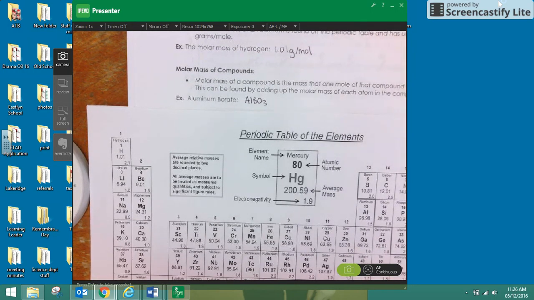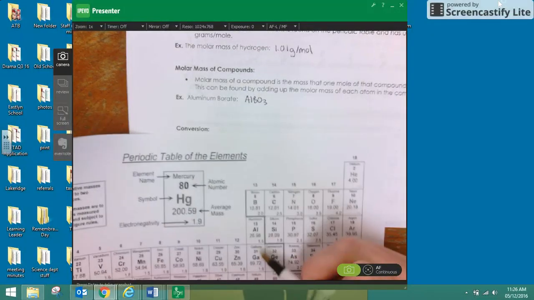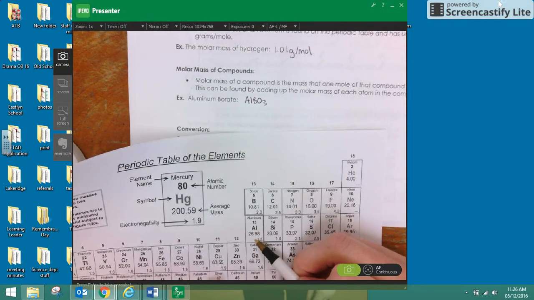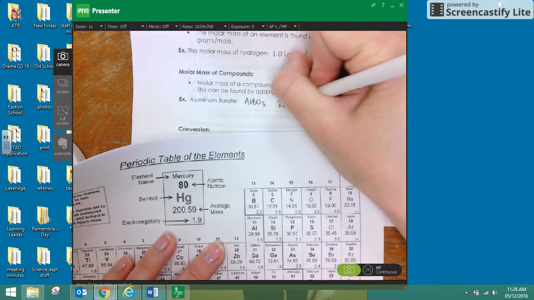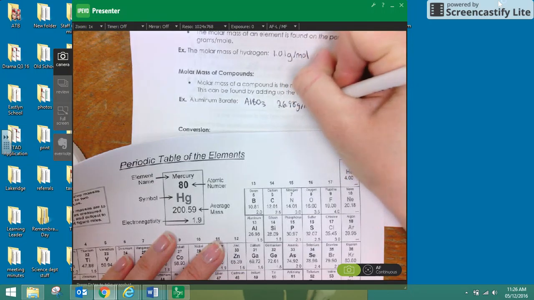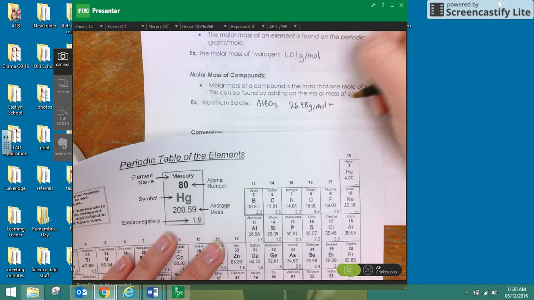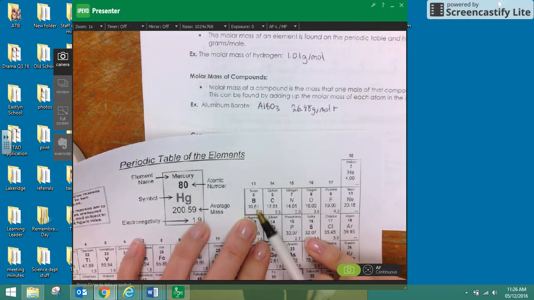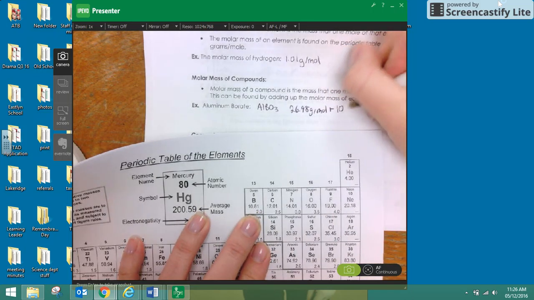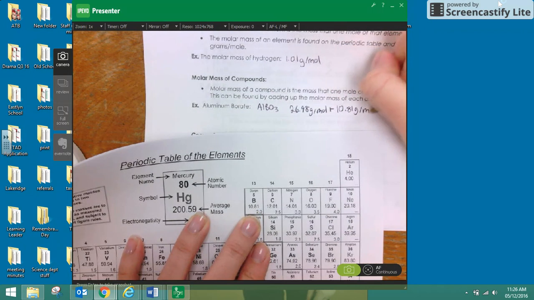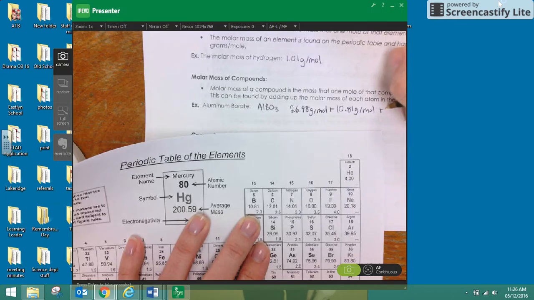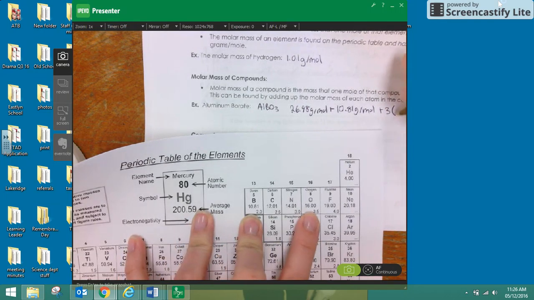So when we're finding the molar mass for that, we find each of the elements individually on the periodic table and determine their molar masses. So aluminum, 26.98 grams per mole. And then we add on the boron, 10.81. And then we add on 3 times the molar mass of oxygen, which is 16.00.